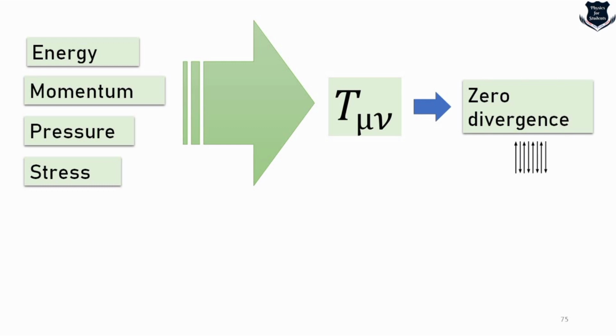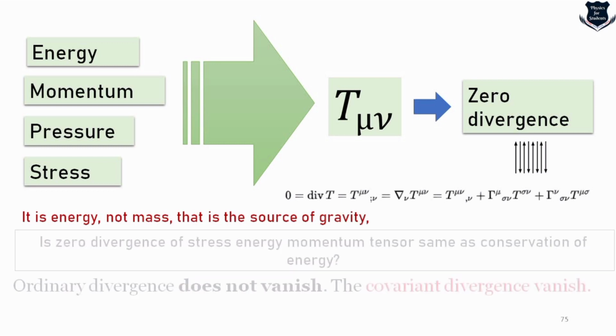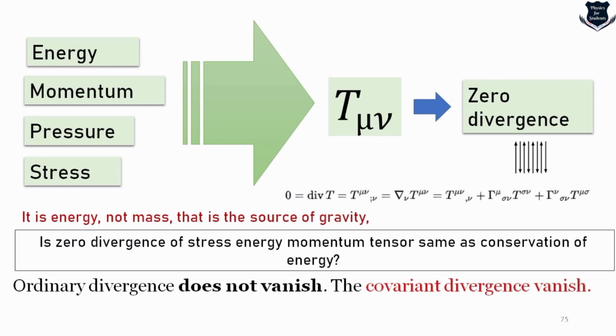It is T mu nu, and this has zero divergence. Don't worry, this is related to the Riemann curvature tensor, which we will explain later. It is energy, not mass, that is the source of gravity. And just remember, this zero divergence of the stress-energy tensor, is it the same as conservation? Yes, but the ordinary divergence does not vanish. The covariant divergence vanishes.